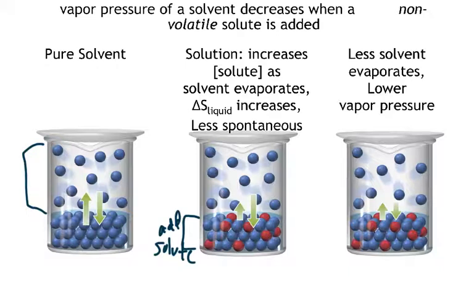And if you have a solute down here, there's going to be more randomness in the liquid than there was before. And so less of the solvent is going to go into the vapor phase. You can see here that our rate of condensation will increase, and our new vapor pressure is going to be lower than the original. So when you add a non-volatile solute to a solvent, the vapor pressure of the solvent decreases.